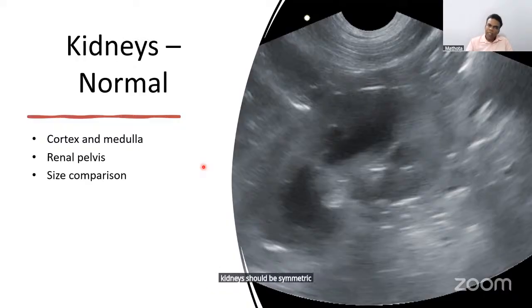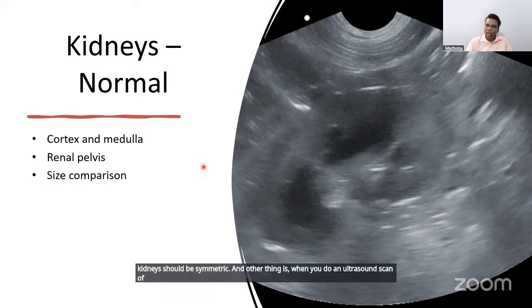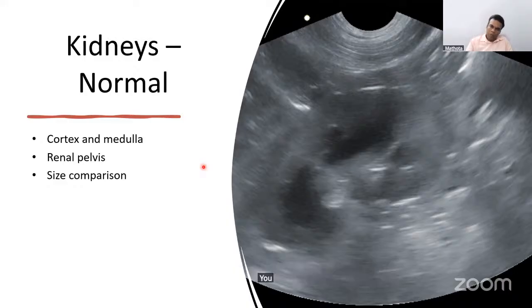And the other thing is, when you do an ultrasound scan of the kidney, you have to do both kidneys. You have to compare both kidneys. They should be the same size. If one kidney is bigger and the other kidney is small, then there's something wrong. So you can easily compare the size of both kidneys.